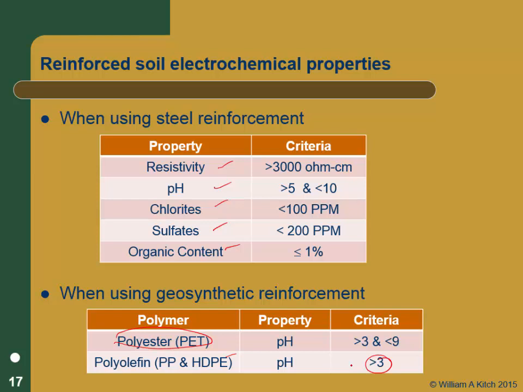For most wall problems, this becomes a problem more for liners in those systems. But if you were designing a wall system that was supporting some kind of a tailings dam, this is something you would really want to worry about. Generally, a pH of 9 is pretty high, and a pH of 3 is pretty low, so you're usually not in that range.